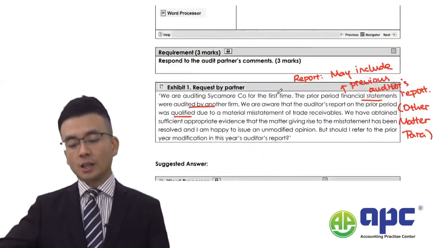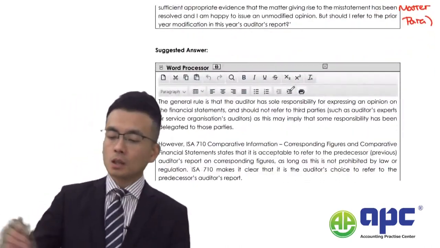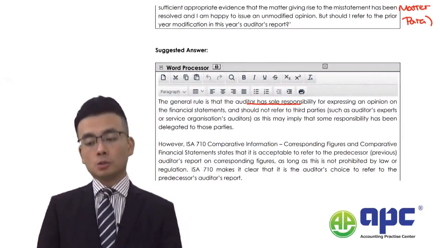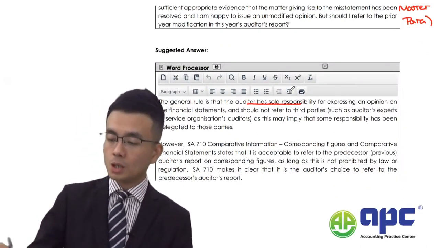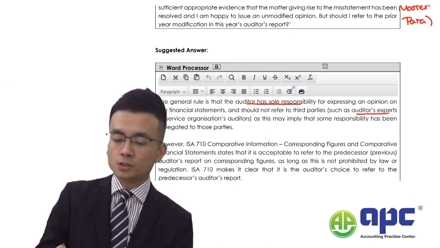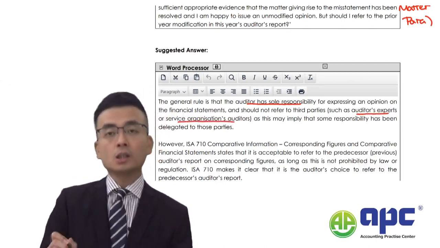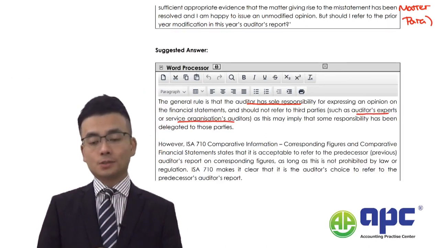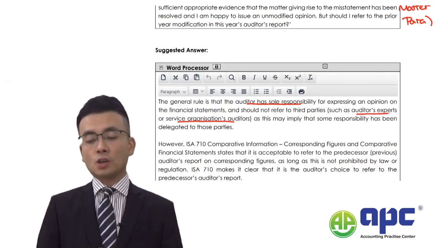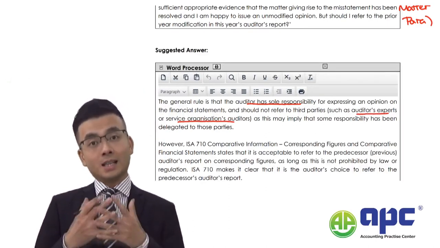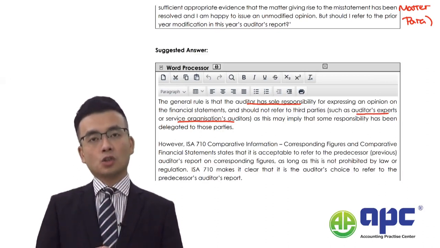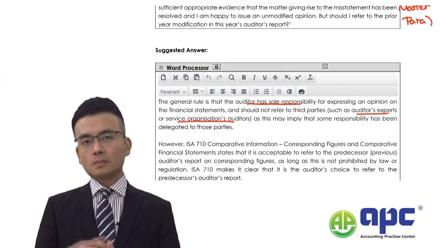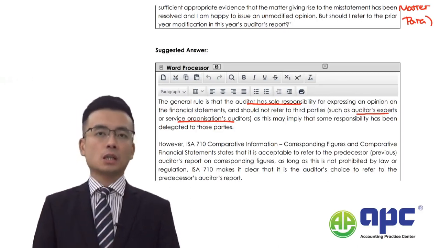Well, I would say, first of all, I have the sole responsibility for giving my audit opinion. So for example, I cannot refer to my expert to help me with the audit, and I can't refer to the service organisation's auditors in ascertaining the outsourcing firm's internal controls.